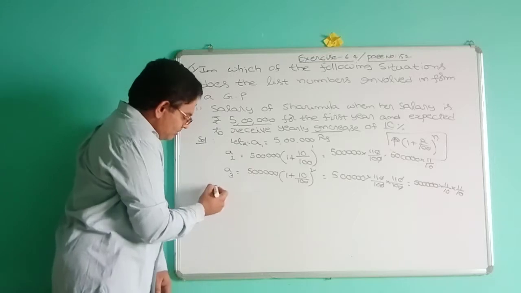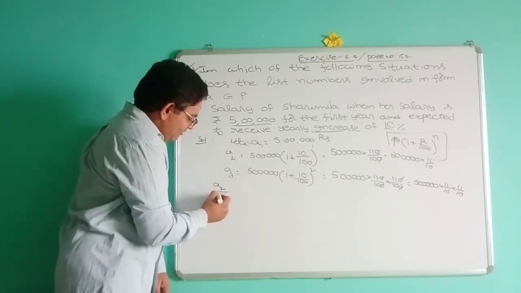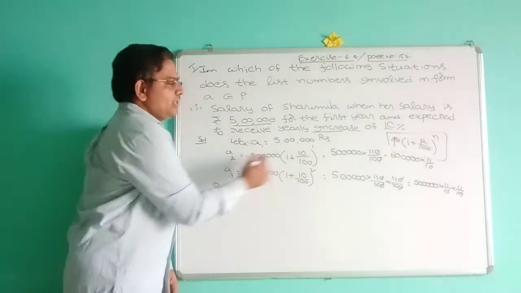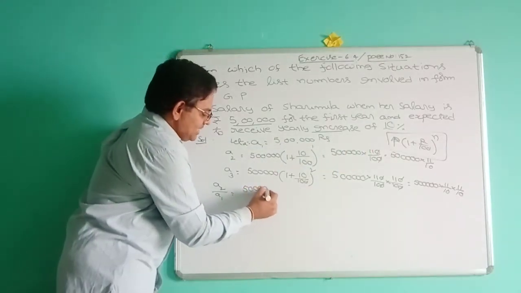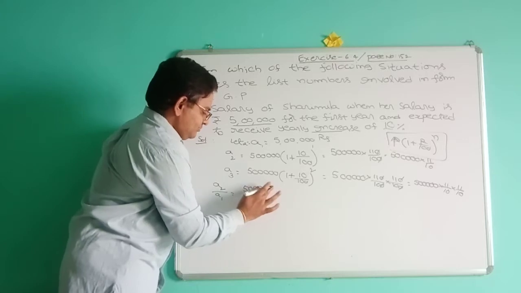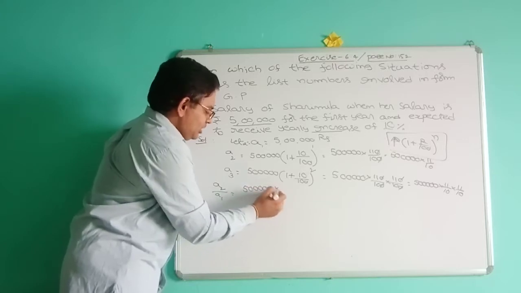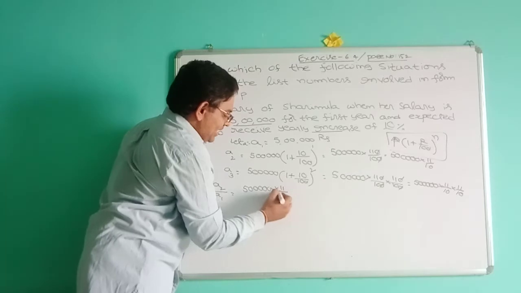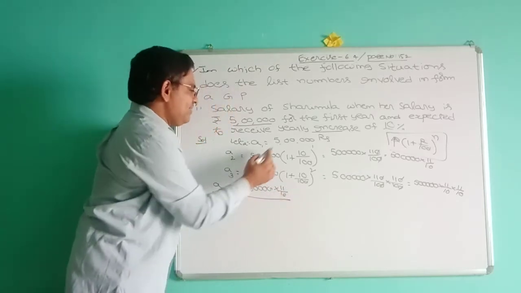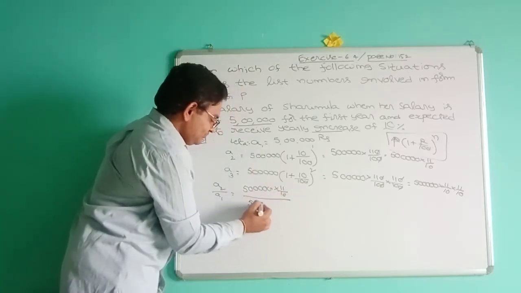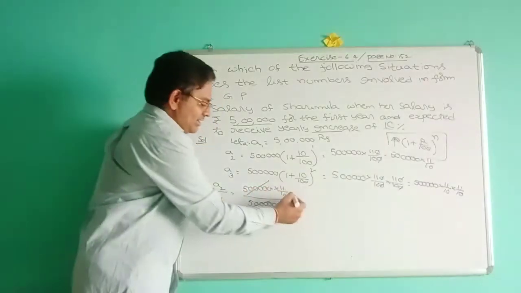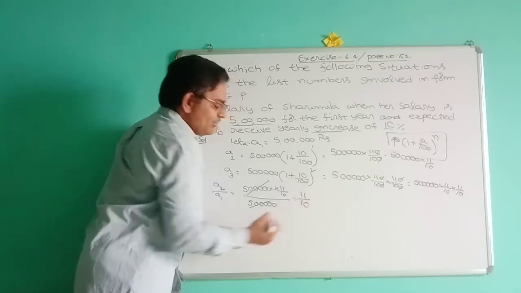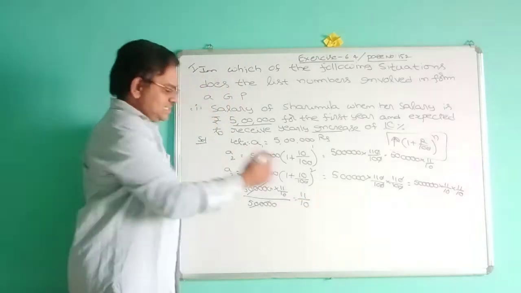Now first I am finding A2 by A1. A2 means 5 lakhs into 11 by 10, whole divided by A1. A1 means 5 lakhs. This value cancels. How much are you getting? 11 by 10.